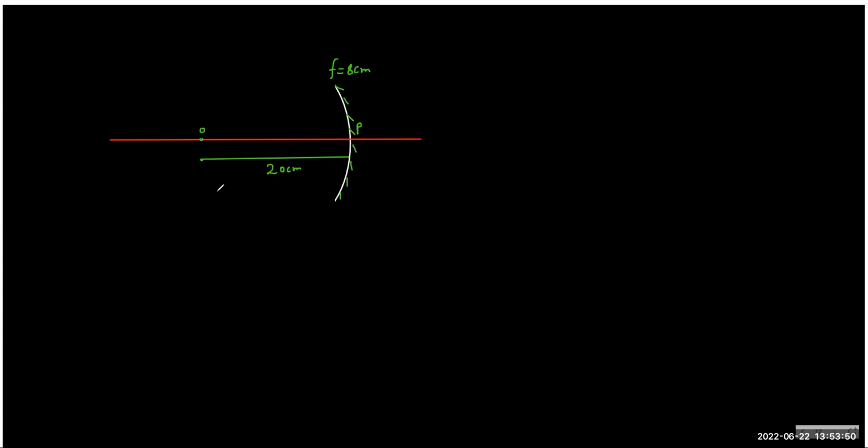For sure, I know the image is going to be real. Why? Because the object is beyond the focus. So the focus itself is how much? Only 8 away. So what is the distance of the object from the focus? 12 centimeters. So what is the formula? 12 into xi must be equal to f square. See, I got the answer. So it's 4, 3, and 16. So the mod of u will be how much, the distance? 8 plus 16 by 3.